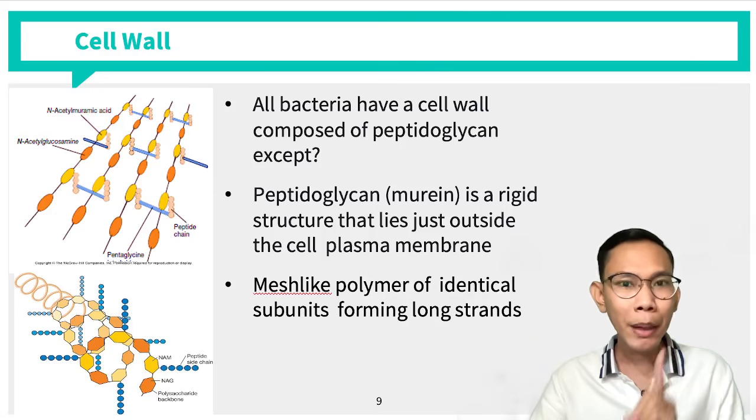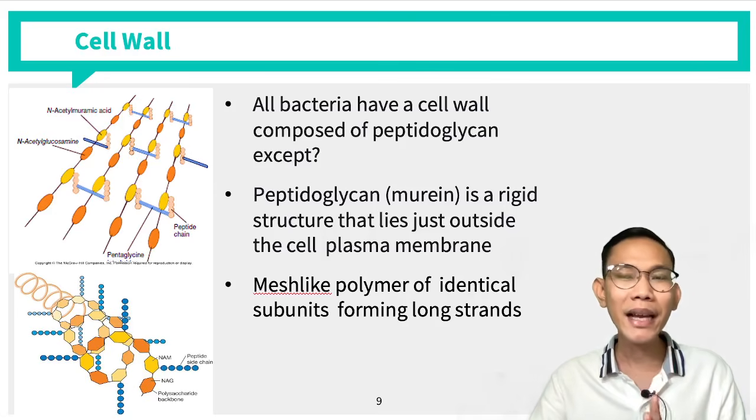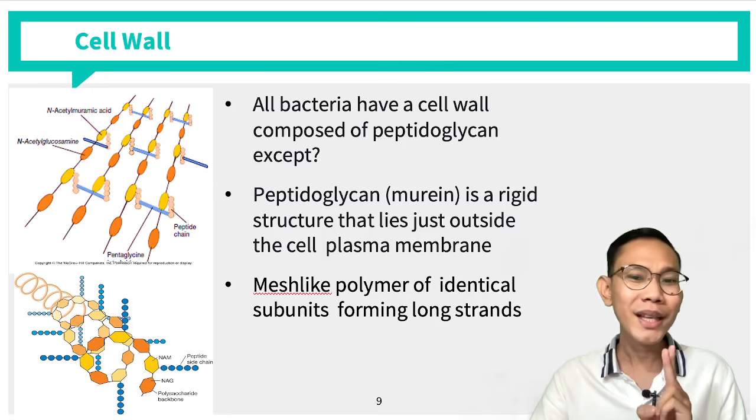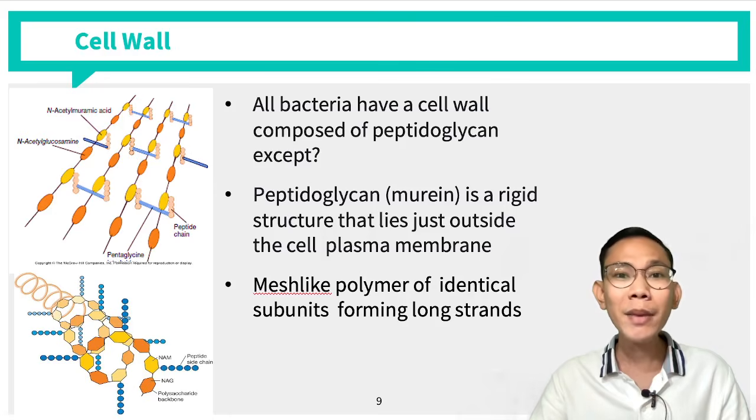Peptide is the protein part. Glycan, remember we have glycogen, glucose, meaning it is sugar. So your peptidoglycan is made of the sugar part, your glycan, and the protein part, your peptide chain.